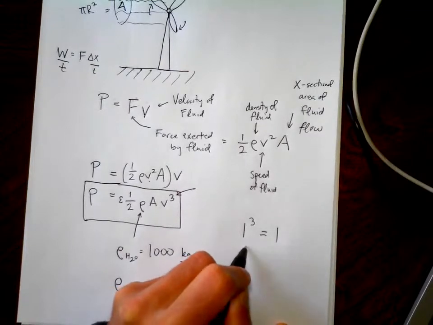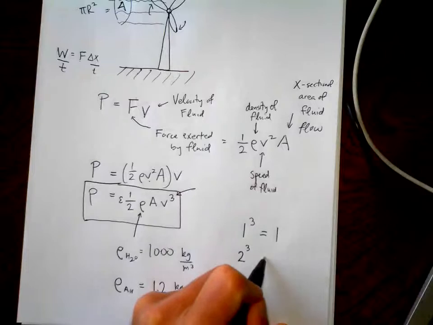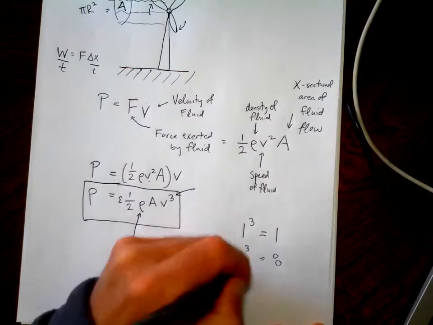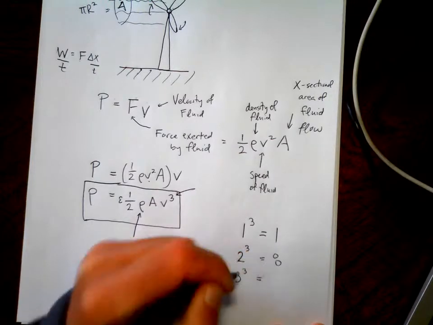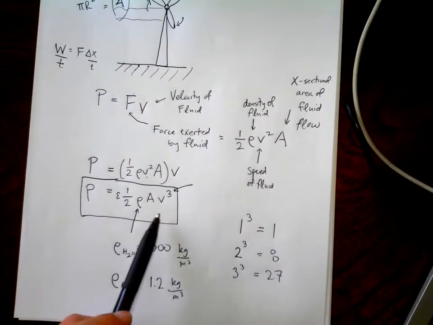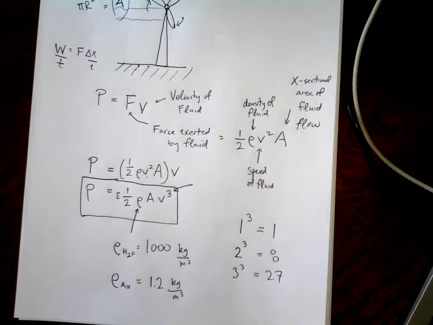Then your power output is going to be 2 cubed, which is 8. What if you tripled the wind speed? It's going to be 3 cubed, which is 27. So the lesson here is that a slight increase in wind speed results in a huge increase in the amount of power generated. So if you place your wind turbine in the right spot, it makes a really big difference because it very sensitively depends on speed.